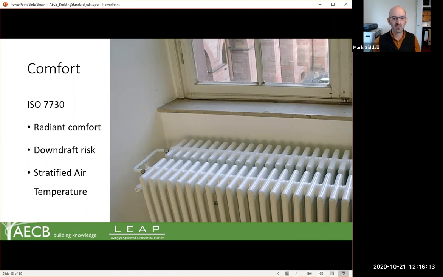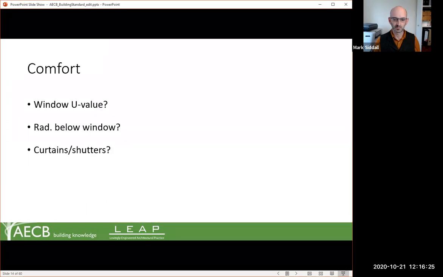Often it's the windows in these instances that would provide an issue, so we've got to think about how we are going to provide high standards of comfort.